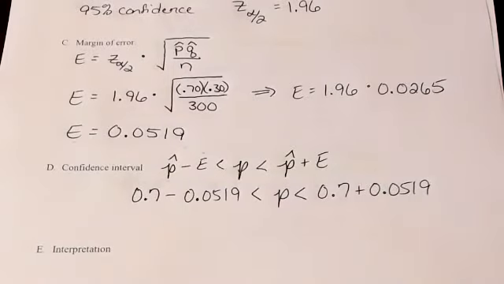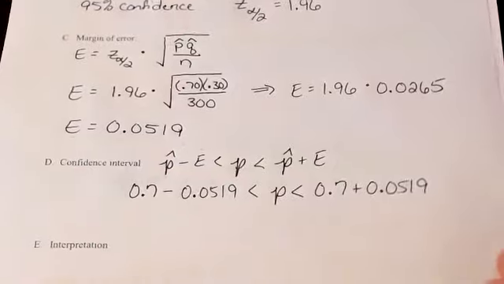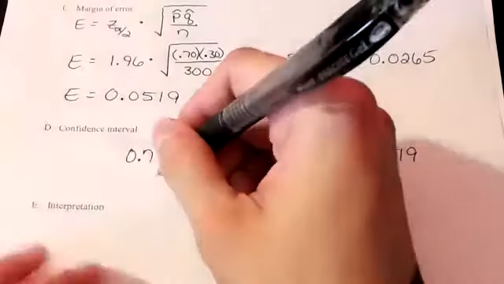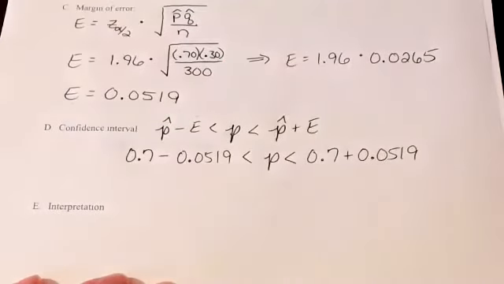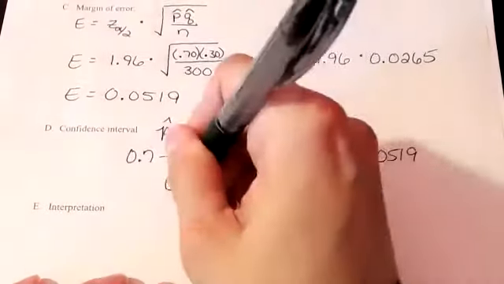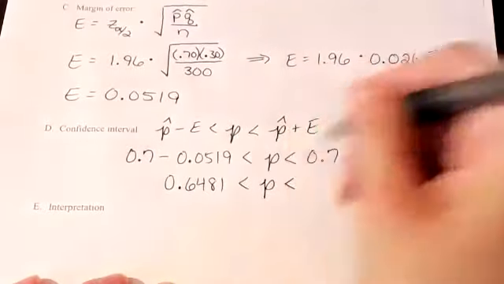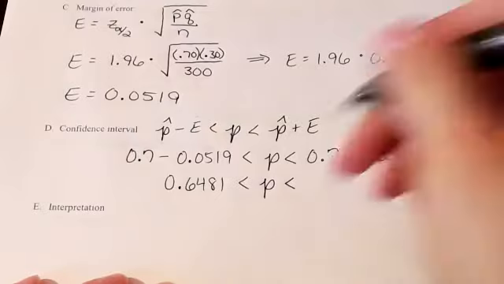Would someone give me my lower bound? Go ahead and share that with everyone once you punch that in. 0.6481. Perfect. And your upper bound. 0.7519. Perfect.